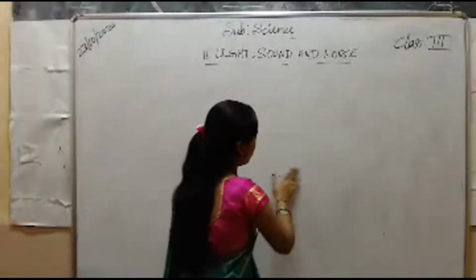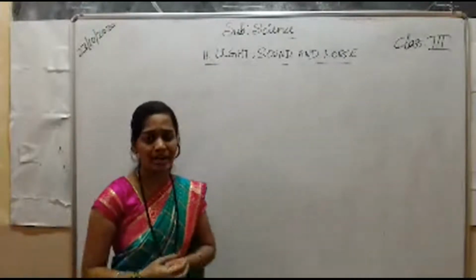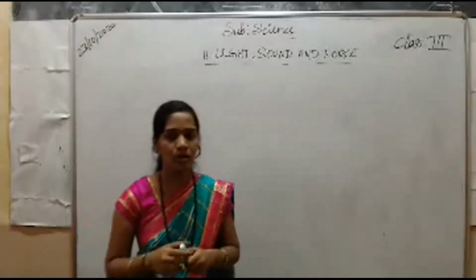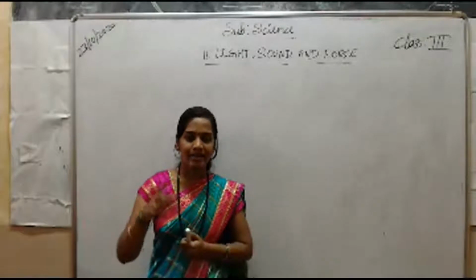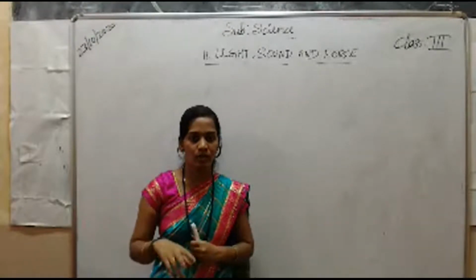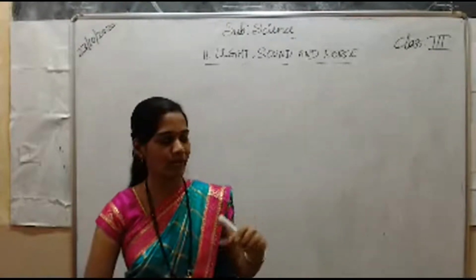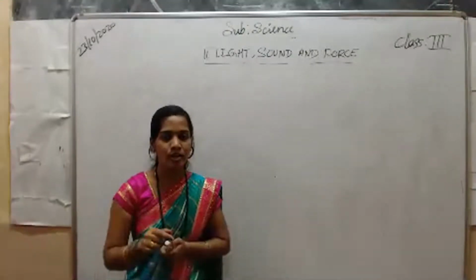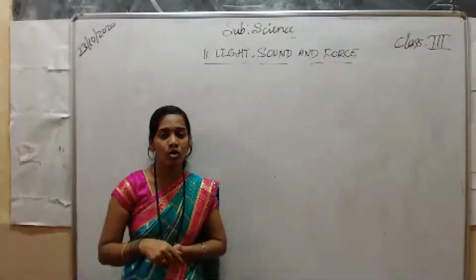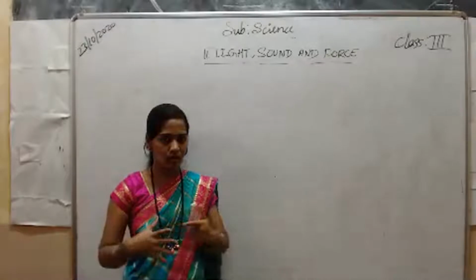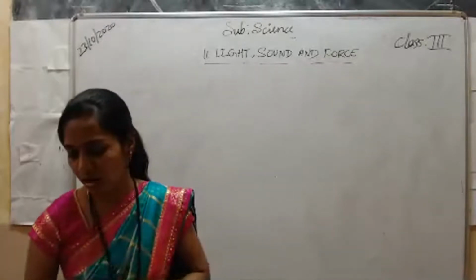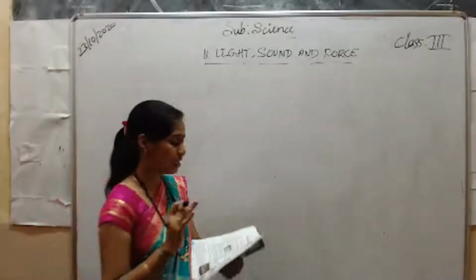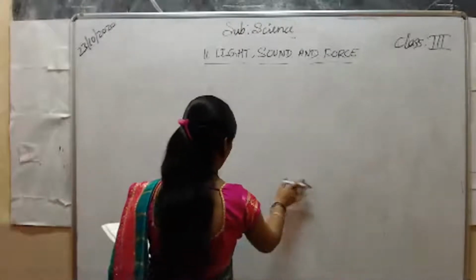Yesterday I told you to do one activity: fix a ruler in the ground and observe it in the morning, afternoon, and evening. The shadows of the ruler will be in different sizes. You observe that, then you will come to know the sizes of the object's shadow.